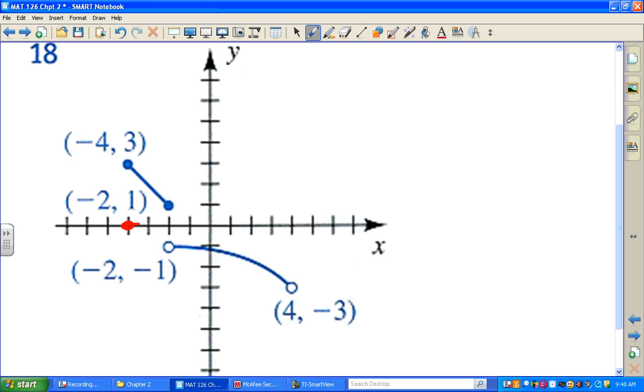There's -2. Closed dot and open dot. Does that mean closed circle or open circle? Closed. On my domain, it means closed. So I can keep going, and I can keep going this way, can't I? All the way to what? 4. Open or closed? Open.